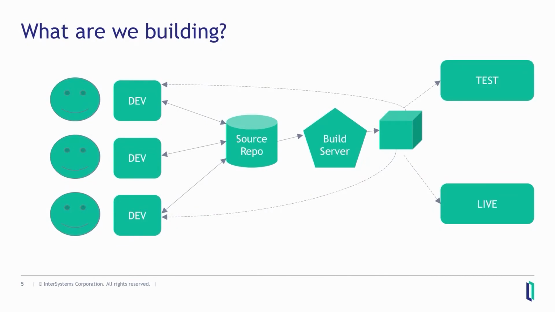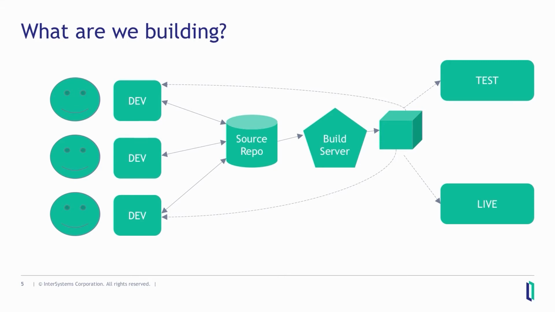It's much more complex than the stuff where we started. So I will describe in a little bit more detail what we can see on this picture. Each developer will now get their own Iris instance. It will be their own database and namespace on the same local computer that they're developing on. So we will have as many Caché instances as we have developers.